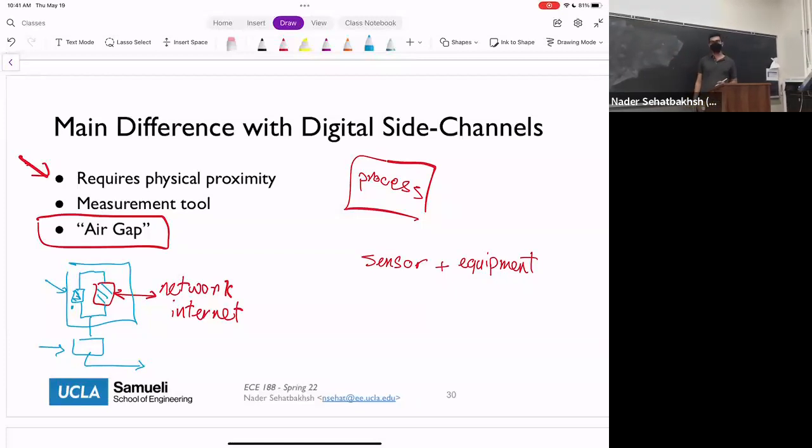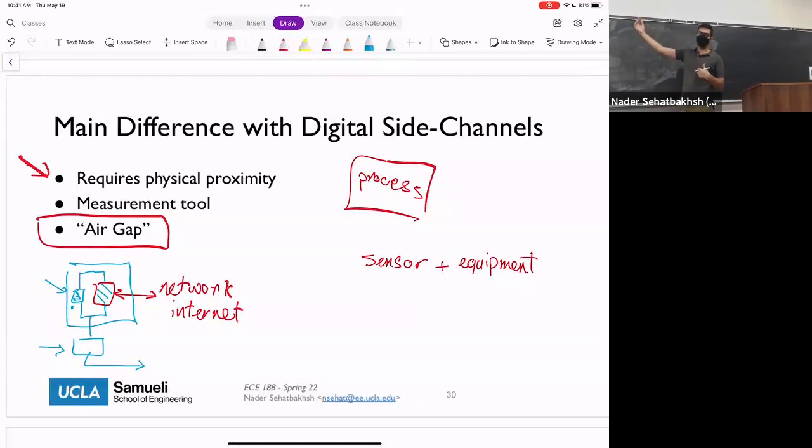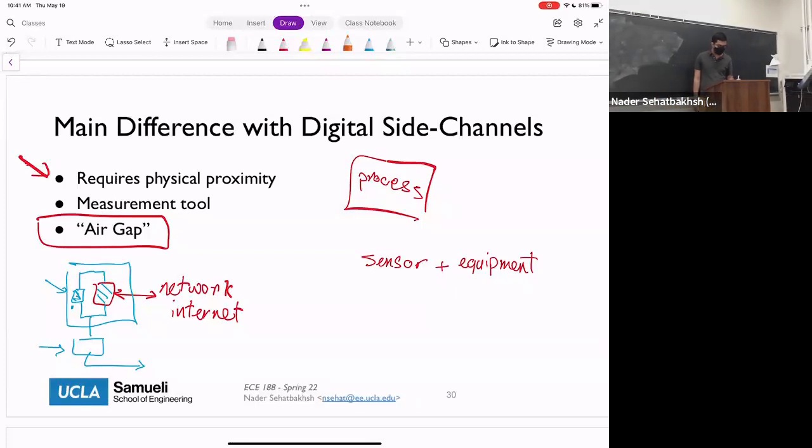But interestingly, the physical attacks are still possible because physical attacks have nothing to do with the way that the computer operates and interacts with the outside world. It's just the physical characteristics of the device. So as long as you can go inside the system, be physically present here, you can collect this information.